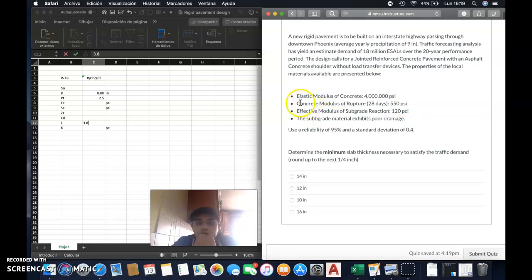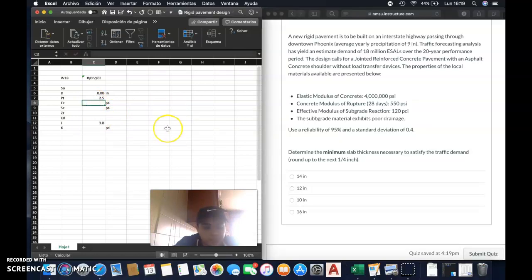We have an elastic modulus of concrete of 4 million, it's here, 4,000,000.